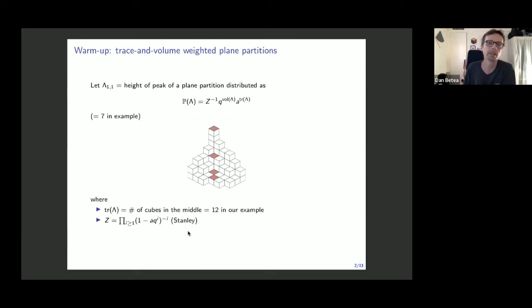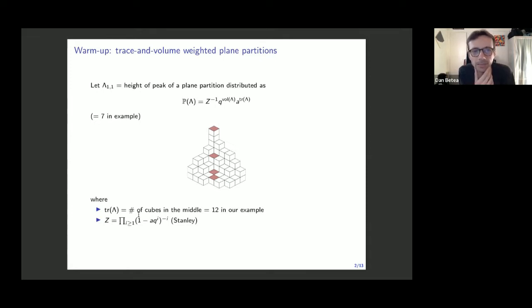And the warm-up is plane partitions. And more precisely, I'm going to look at trace and volume-weighted plane partitions. So a plane partition is what you see in the figure. It's a stack of boxes in the corner of a room. It has a volume, the number of boxes, and it also has a trace.